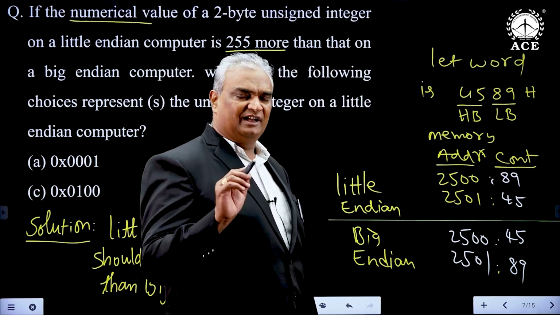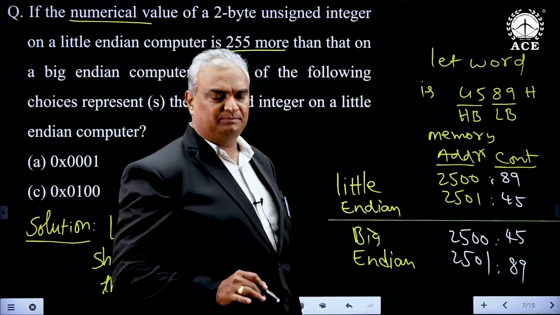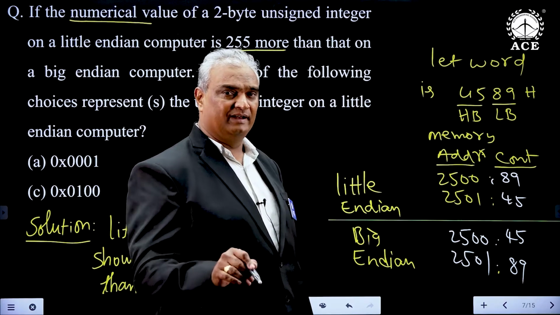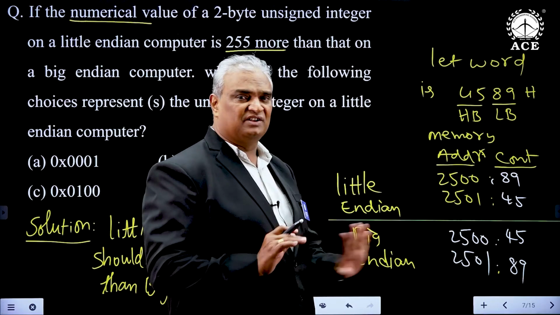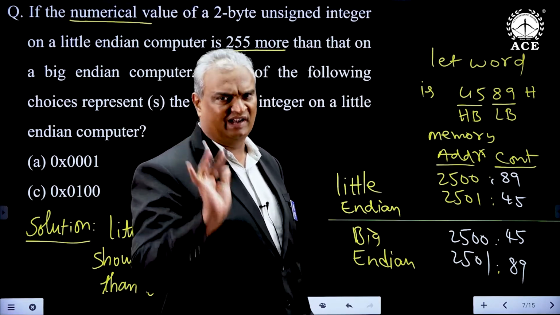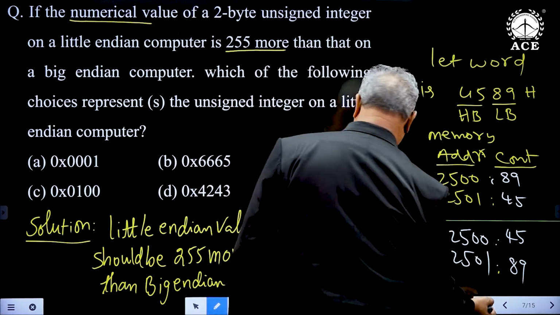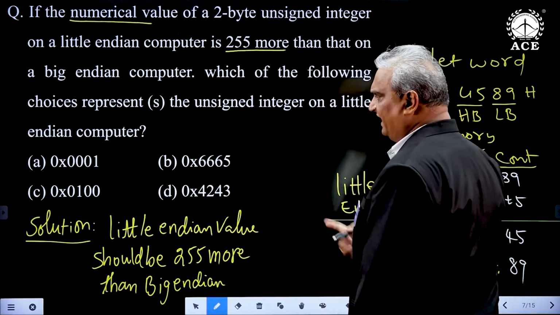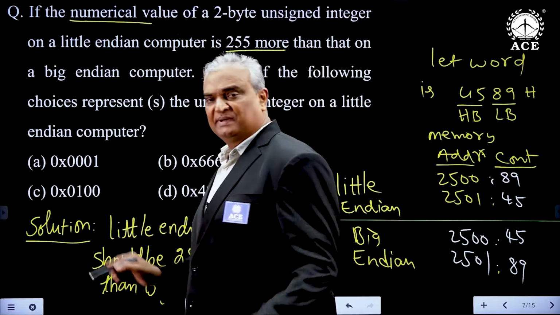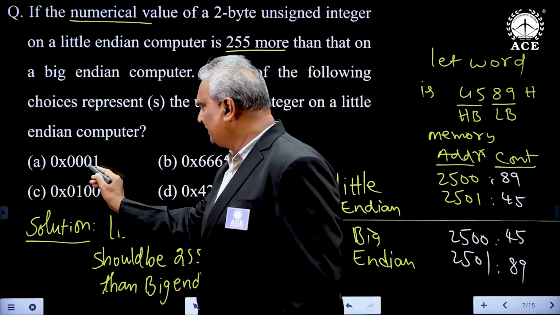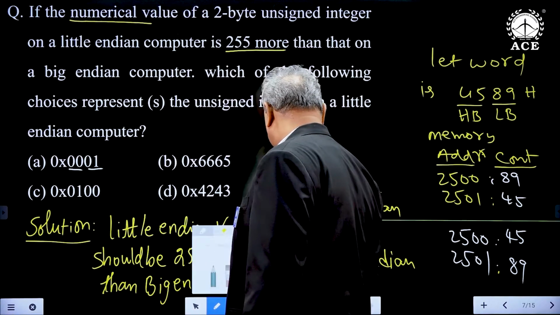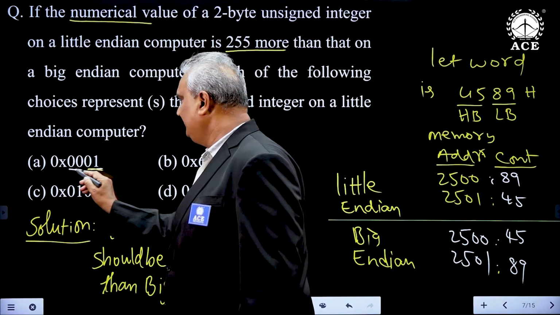You should get 100% clarity in one statement. Most of the systems use little endian, and if the type of method is not given, default is also little endian. Come to next. Observe the given options. 0x represents hexadecimal, lower byte, higher byte.